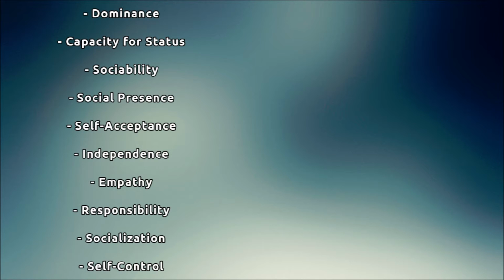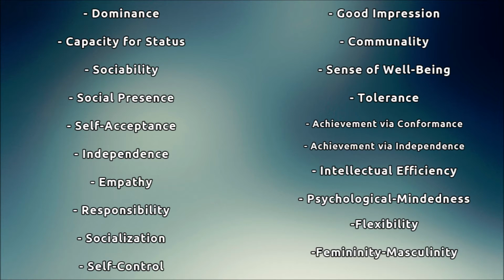Starting from dominance, capacity for status, sociability, social presence, self-acceptance, independence, empathy, responsibility, socialization, self-control, good impression, communality, sense of well-being, tolerance, achievement via conformance, achievement via independence, intellectual efficiency, psychological mindness, flexibility, and femininity versus masculinity.